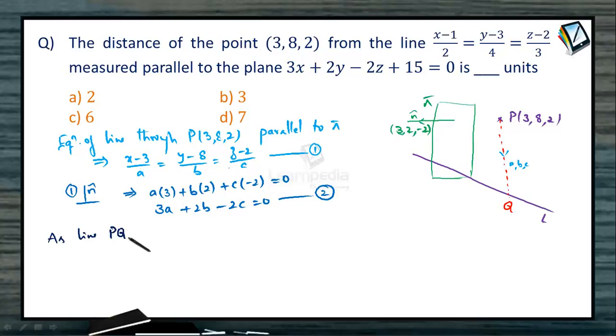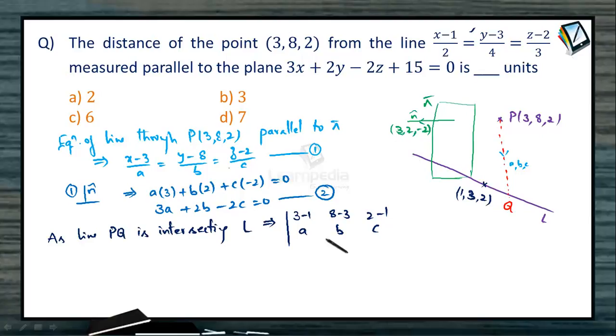This is only possible if, taking a point on the given line, which if you observe is (1, 3, 2), then 3 − 1, 8 − 3, 2 − 2, with the DRs of the line a, b and c, and the DRs of the given line L, which are 2, 4 and 3, this determinant must be 0. Then only will these two lines be coplanar. We are using the condition for coplanarity of two given lines.